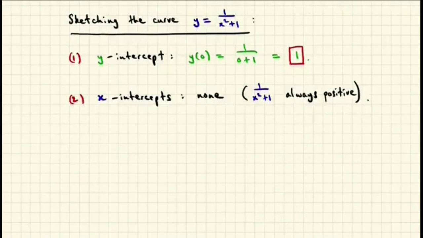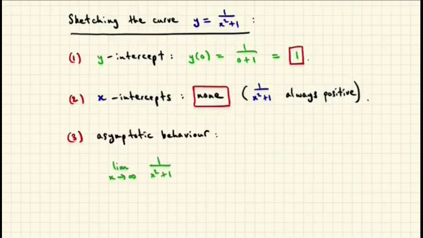For asymptotic behavior, it's clear that the limit of 1 over x squared plus 1 is 0 when x gets large and positive, or large and negative, so that the x-axis becomes a horizontal asymptote.